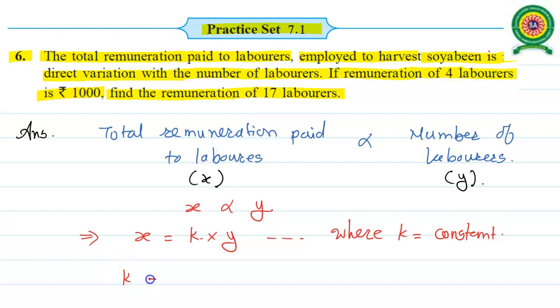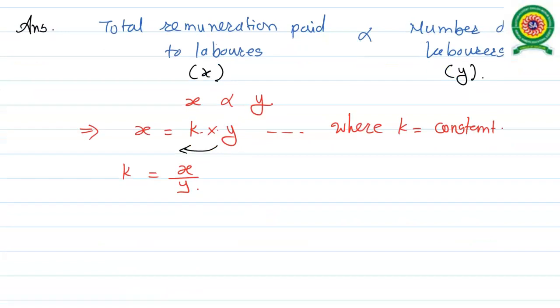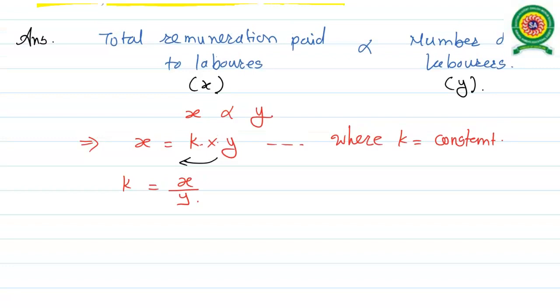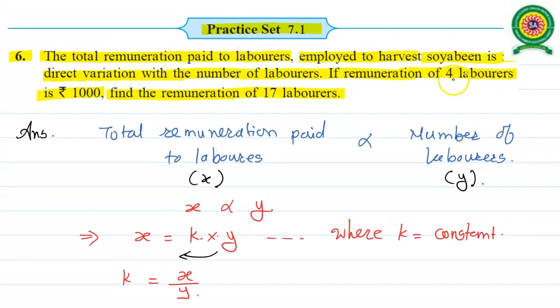Now, for the value of k, let us shift the y from the right-hand side to the left-hand side, so that y is a multiplier. After shifting, it becomes a divisor to x. So the value of k is x divided by y. Now in the question we are given that for 4 laborers, the total remuneration is 1000 rupees.